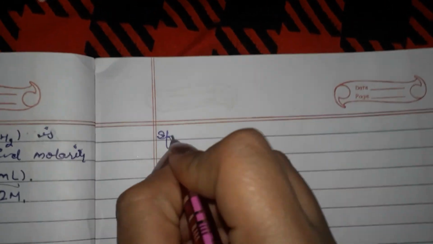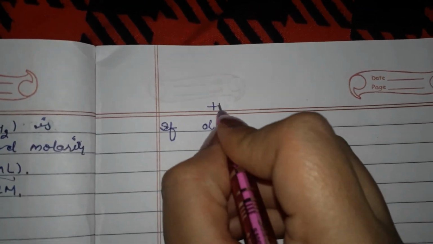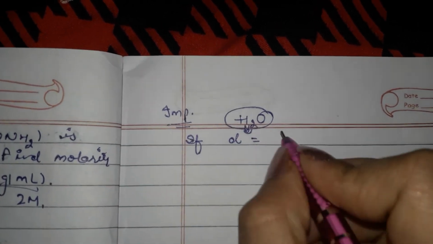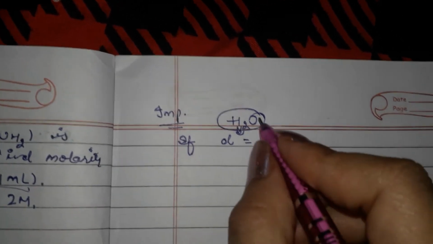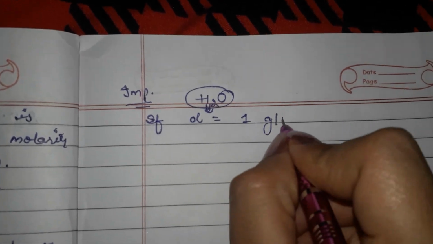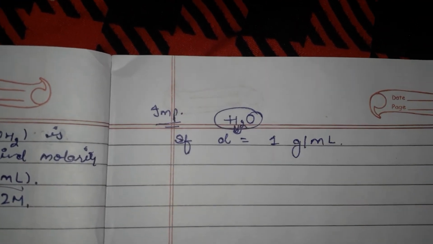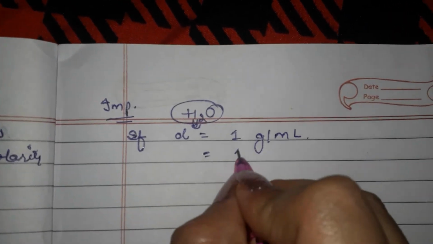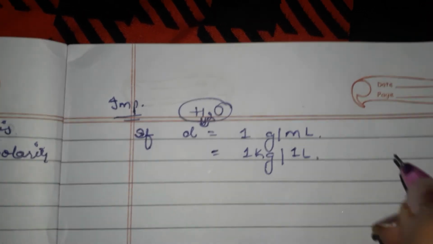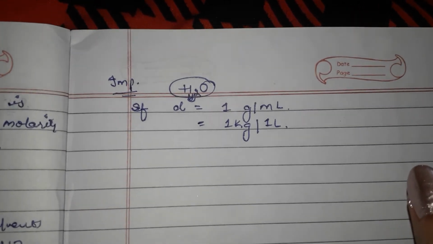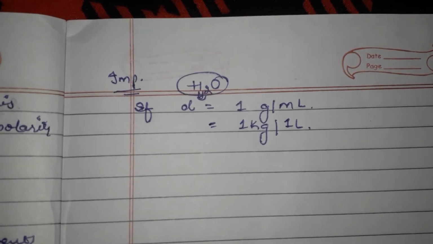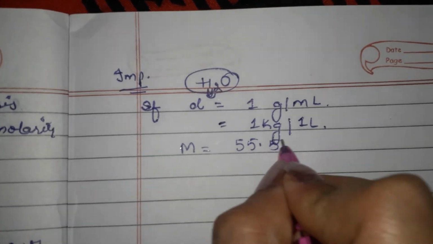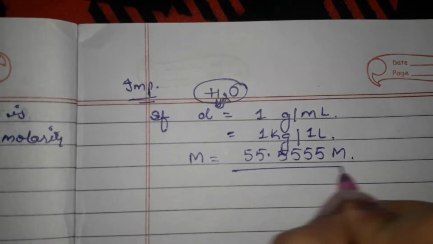Important one: if the density of water is given as 1 gram per ml, or 1000 gram per liter, or you can write it as 1 kg by 1 liter, both are the same thing, then your molarity of water will always come out to be 55.5555 molar.